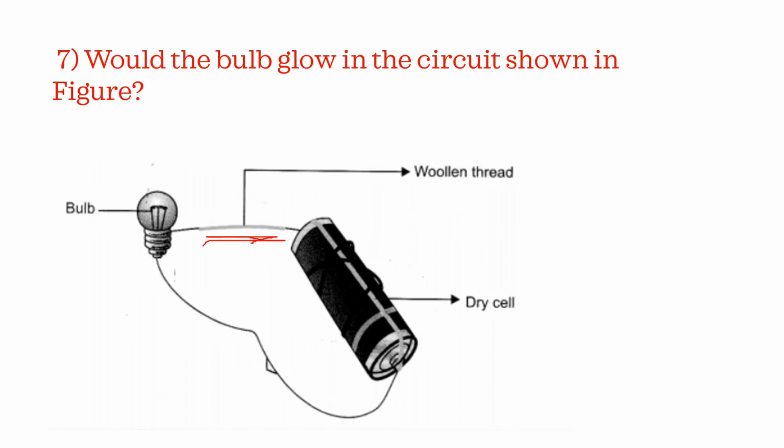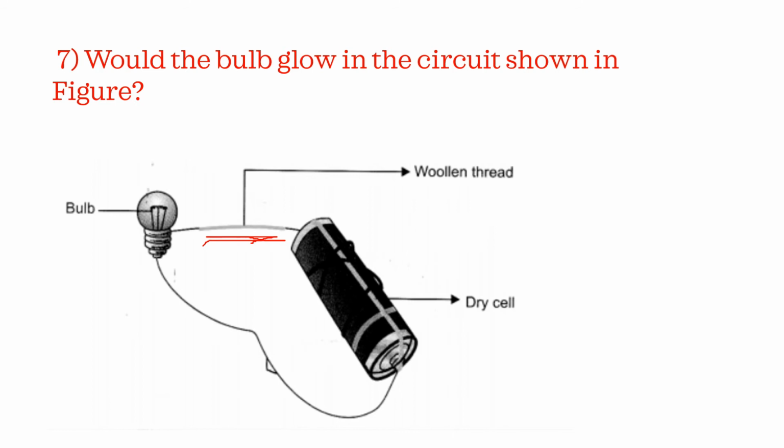Now, in this situation, will the bulb glow or not? The bulb is not glowing. Why? No, the bulb is not glowing because here, in between the bulb and the cell, the connecting wire is a woolen thread.